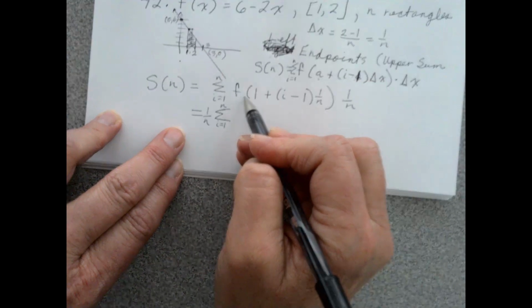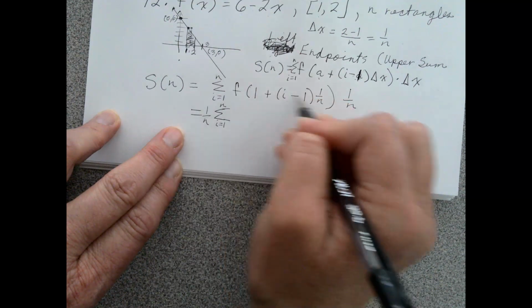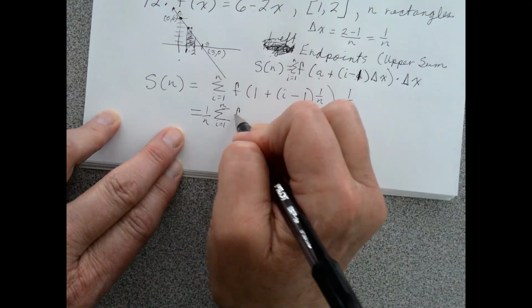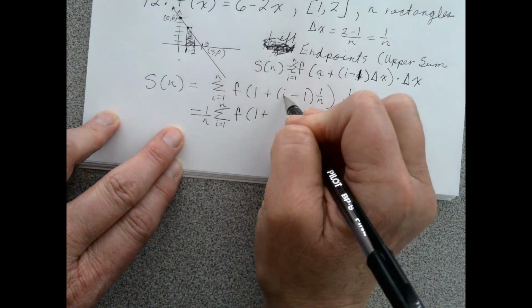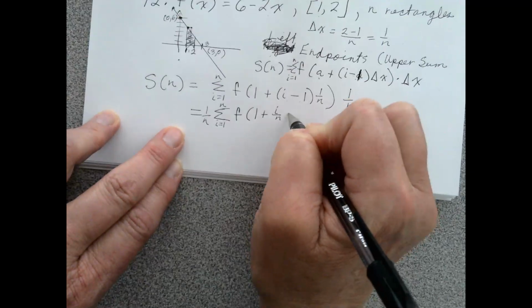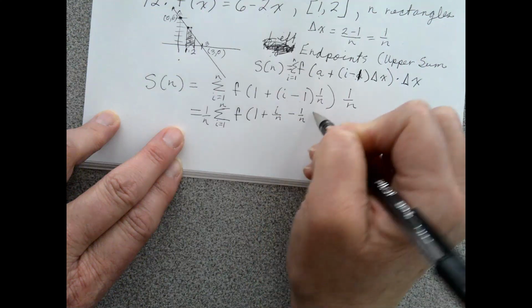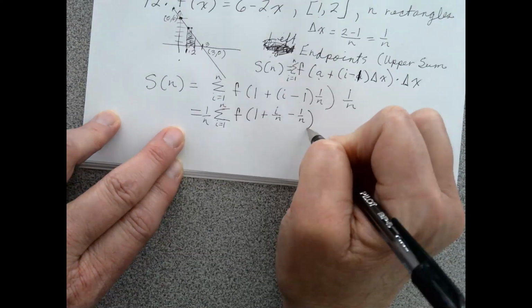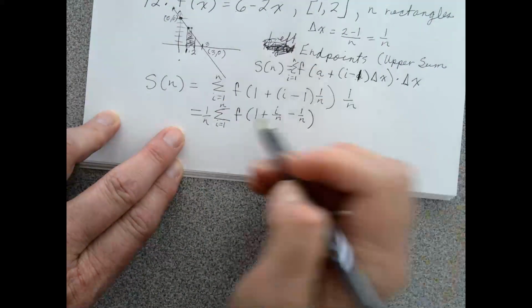So then this f of, let's go ahead and simplify what's inside of there. So f of 1 plus i over n minus 1 over n. Okay, and then you're going to take that and plug it into the function.